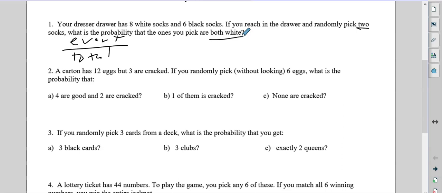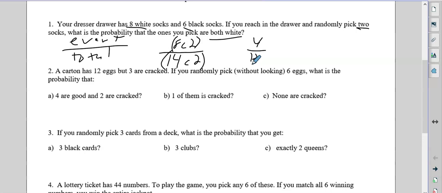Well, the probability of white is 8 combination 2, so 2 from 8, all right? That's the event you're talking about picking. But the total is you're picking 2 from 14 socks total, 8 plus 6. And you type that in and convert the decimal, you get 4 out of 13, or 4 over 13.